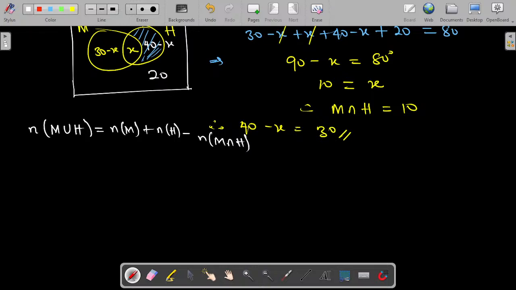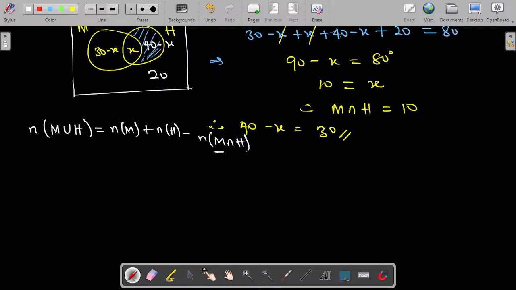And why is it so? Because if you join the two sets, that means you would have joined the intersection 2 times, and the union cannot contain the intersection 2 times, so you just remove one of the intersection. That's where this formula is coming from.